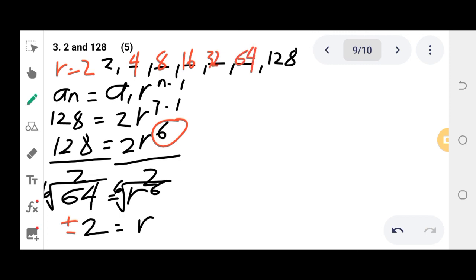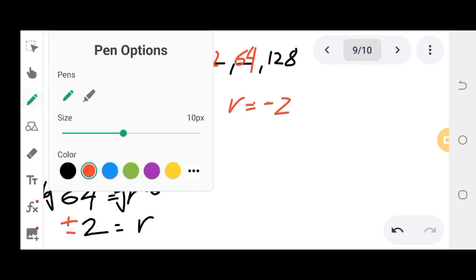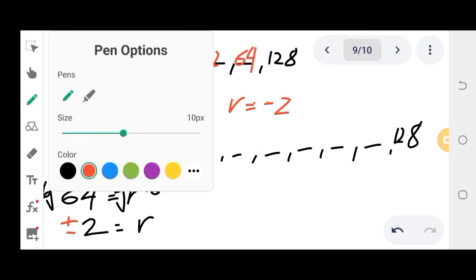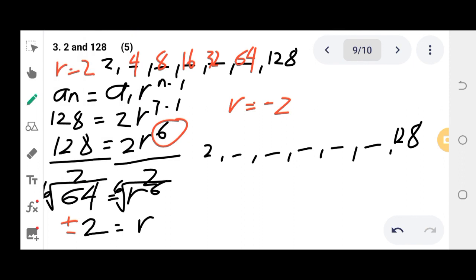While for the r is equals to negative 2, we have 2, 1, 2, 3, 4, 5, then 128. So we have the value for the geometric means as negative 4, 8, negative 16, 32, and negative 64.